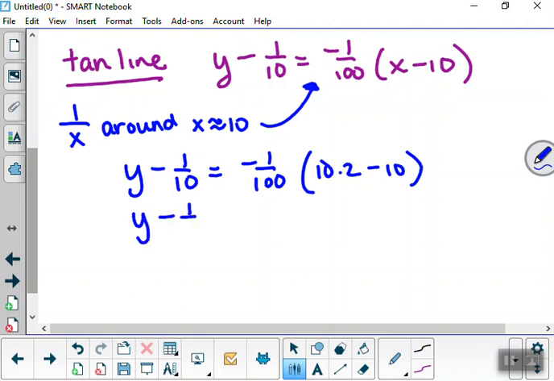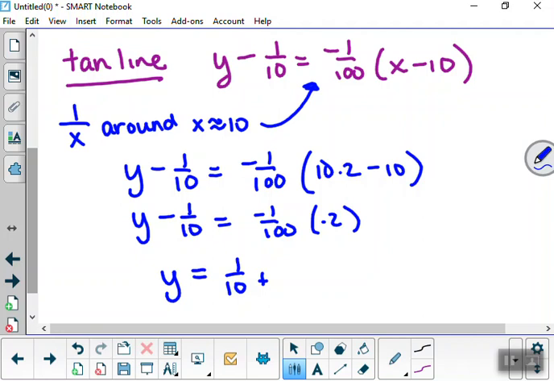So my minus 1/10 equals negative 1 over 100 times 0.2, so 1/10 plus negative, let's see, that would be 2/10. That's a negative 2 over 1,000, so negative 1 over 500.